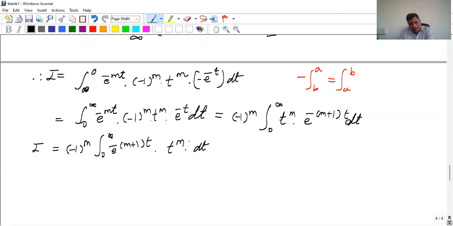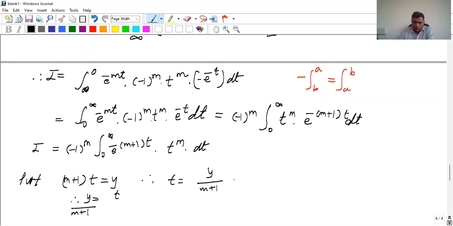Yes, sir. Now see, this integral looks like a type 2 integral, whatever we have seen earlier. So what we have to do here, put again (m+1) into t is equal to y, so that t is equal to y upon m+1. So we get here t is equal to y/(m+1).